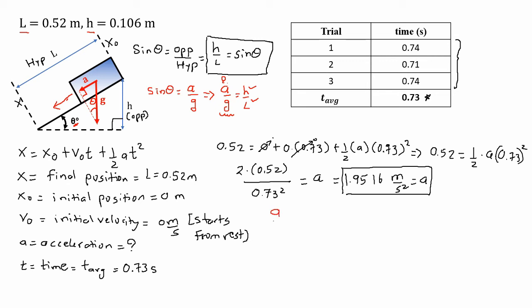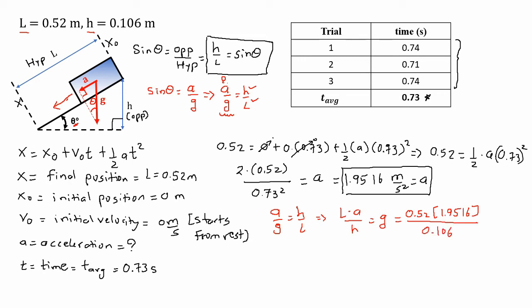A over G equals H over L. Again, I'm going to do a little bit of algebra here. I want G to the right and H and L to the left. So L times A divided by H equals G. Plugging in now, 0.52 times 1.9516 divided by H, which is 0.106.